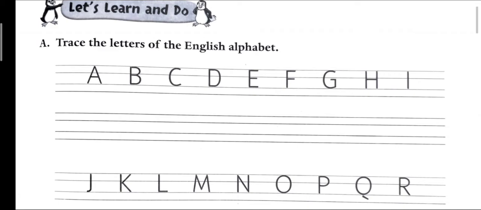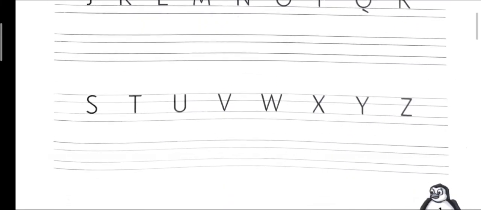A, B, C, D, E, F, G, H, I, J, K, L, M, N, O, P, Q, R, S, T, U, V, W, X, Y and Z. So these are alphabets.